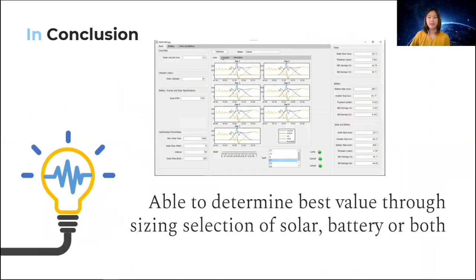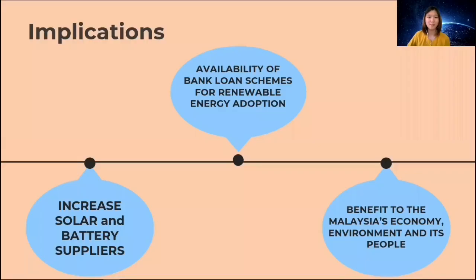To conclude, mixed integer linear programming was used to design a sizing algorithm to make the best solar and battery sizing decisions for maximum savings and value. This presentation has also demonstrated the simplicity in using MILP technique to solve optimization problems.